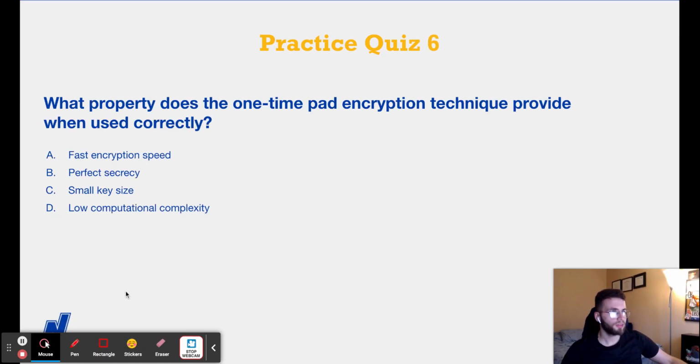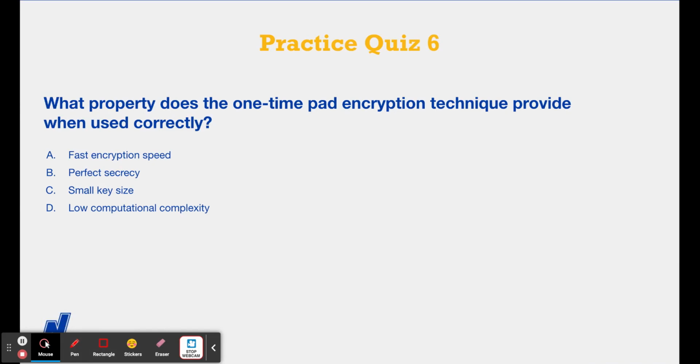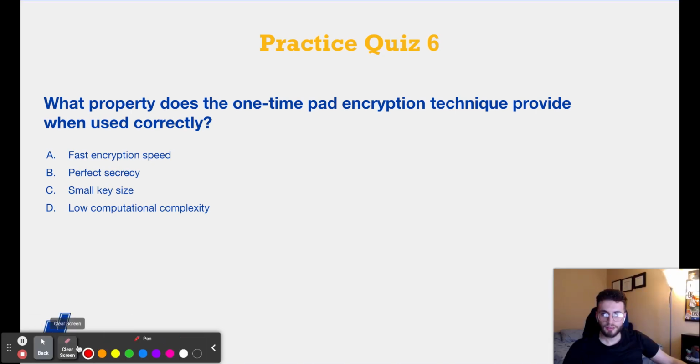And the next one is, this quiz question will evaluate your understanding of the properties of a one-time pad encryption technique. So what properties does a one-time pad encryption technique provide when used correctly? Is it a small key size?